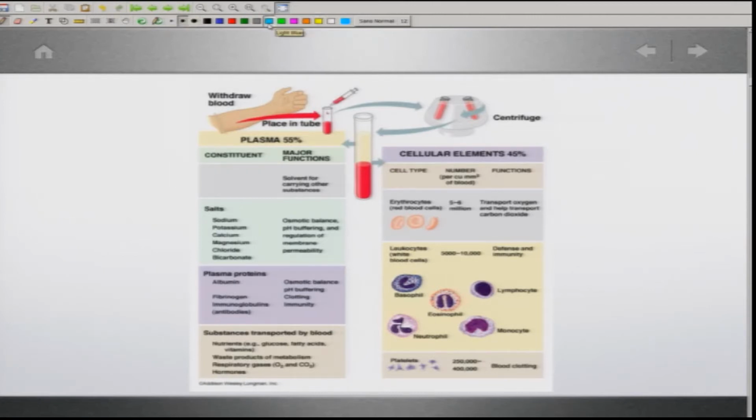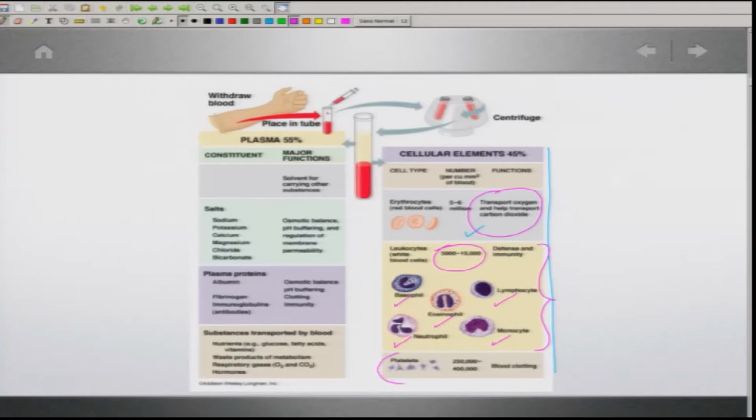You have the cellular component, which constitutes 45% of blood. It includes erythrocytes, which are the largest in number, cells without any nucleus, involved in transport of oxygen and helping in transport of carbon dioxide. Then you have a lesser number, the leukocytes or white blood cells, which include basophils, eosinophils, neutrophils, lymphocytes and monocytes, involved in defense and immunity.